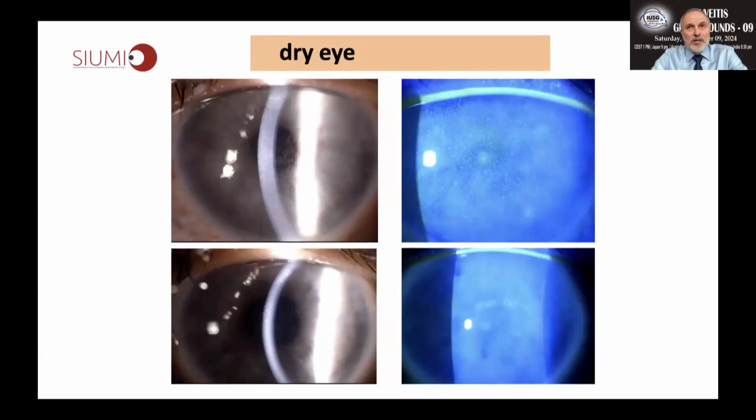Because when you have a bleb, the tear film does not completely cover the ocular surface, and you can have a very severe dry eye with an important reduction of visual acuity. And this is an example of how you can just rehydrate the cornea and restore the clarity of the cornea itself.